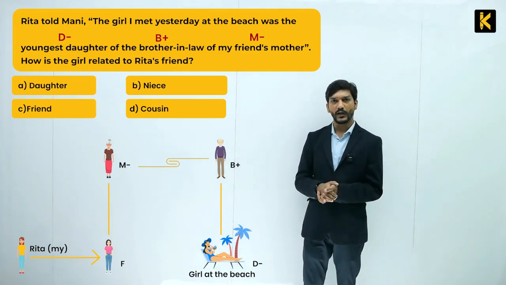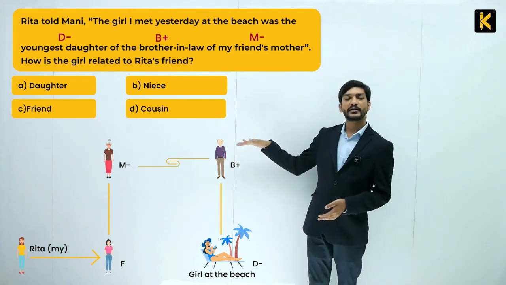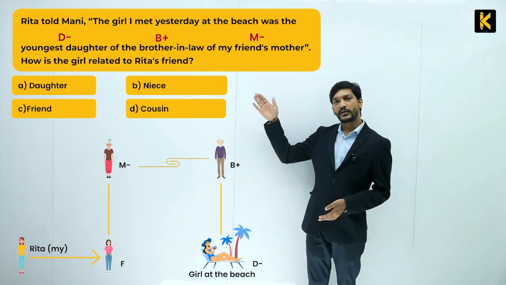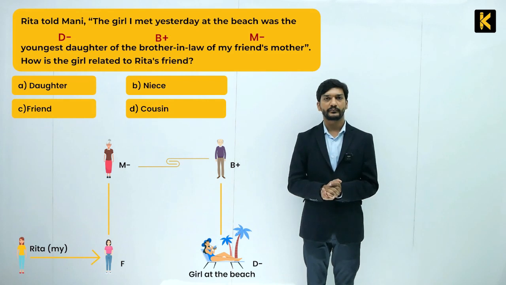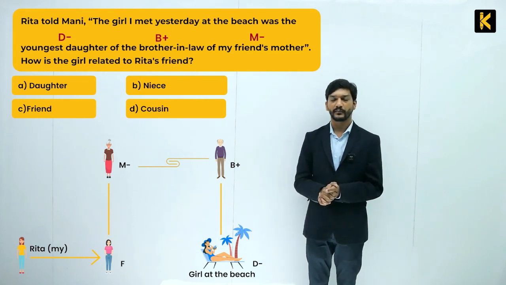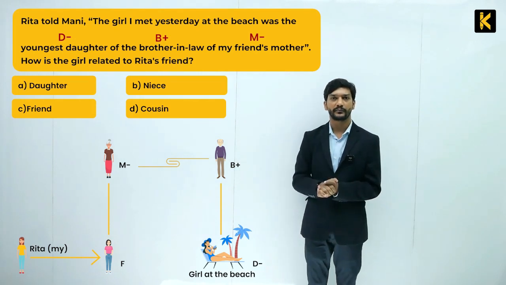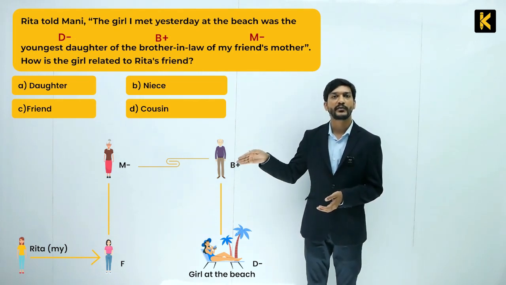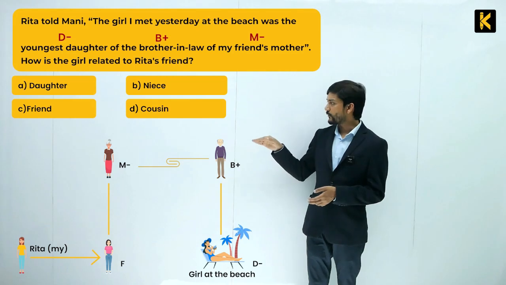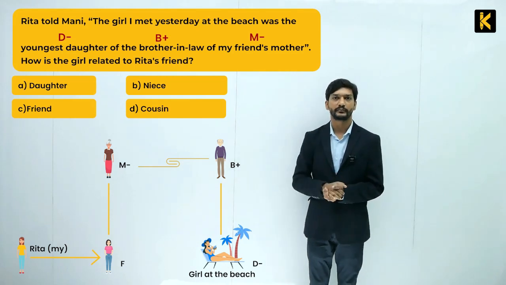What we know is that the father of D minus is already shown. That is B plus. For F, we know who is the mother, that is M minus. So for one person we have shown the mother, and for one person we have shown the father.